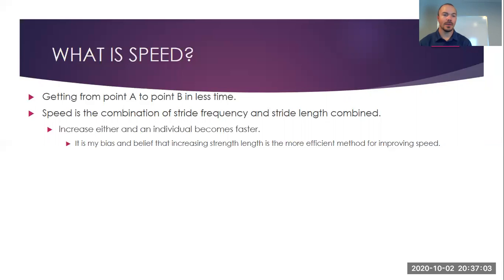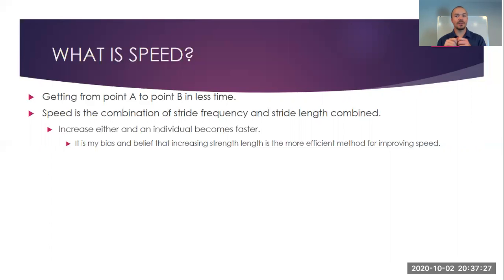But really it's the combination of stride frequency, or the rate at which we have turnover in our steps, and stride length. So how far are we getting from the planting of one foot, and for our purposes today, a stride will be referenced as the planting of one foot, that drive to the next point that same foot hits.